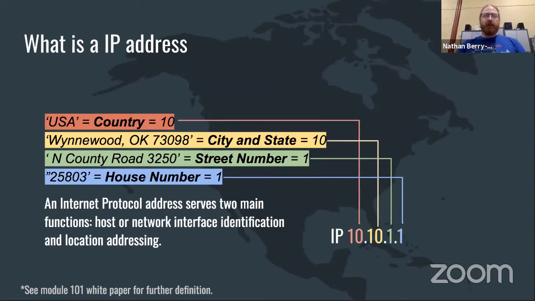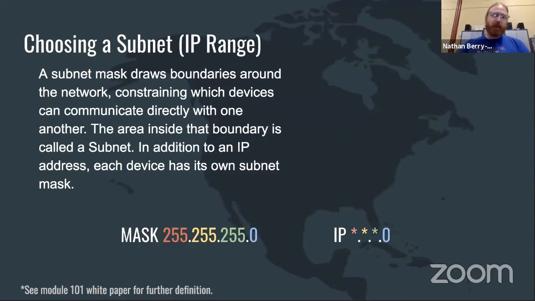So the next thing is that we need to choose a subnet. And what that is, that's a kind of a boundary that constrains what is our network. And so we use what's called a subnet mask. And as you can see here, that's 255.255.255.0. And what that tells each device that has an IP address is, hey, I'm going to assume that traffic coming to me has the same first three sets of the address that I have.